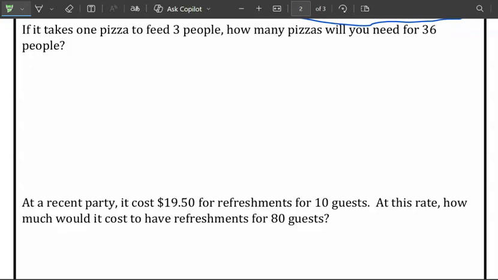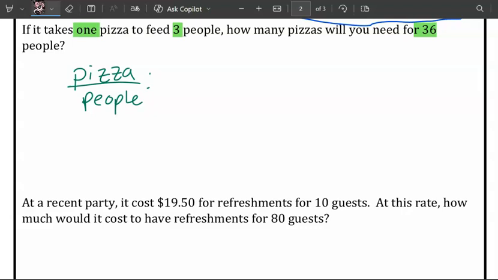If it takes one pizza to feed 3 people, how many pizzas would you need for 36 people? Okay, so we could have pizza over people, or you could do people over pizza.